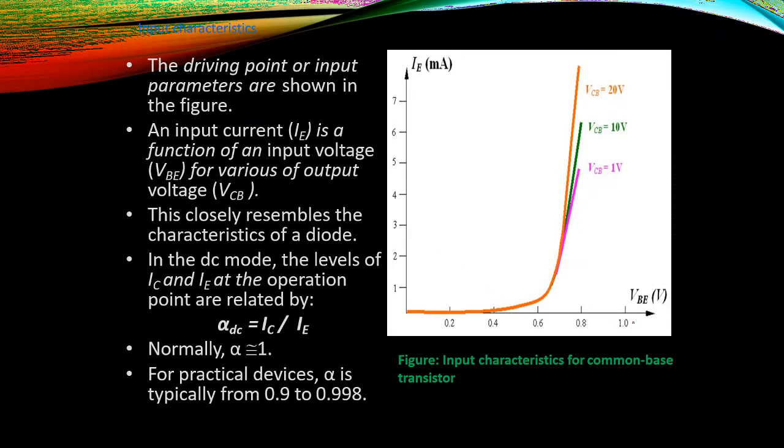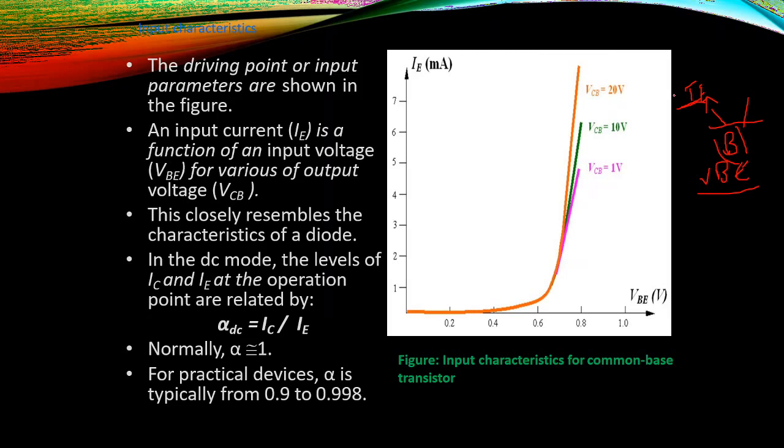The input voltage for us is the VBE voltage and the current is the IE current. We discussed that for the CB configuration, this will be the VBE voltage and the current will be IE. So what are the input characteristics? By changing the input voltage, we have to measure how much the IE current changes.